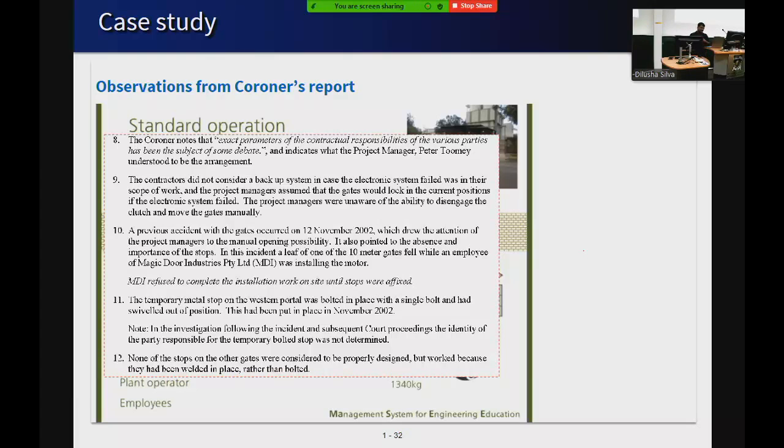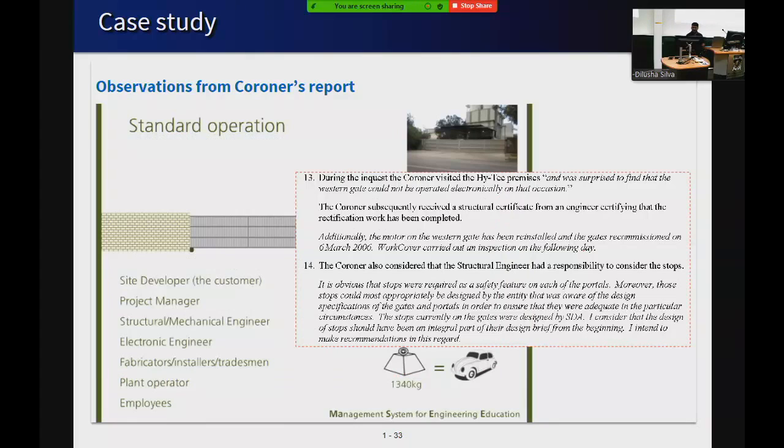None of the stops of the other gates were considered to be appropriately designed but worked because they had been welded in place rather than bolted. During the inquest, the coroner visited the premises and was surprised to find the Western Gate could not be operated electronically on that occasion. So the day the coroner turned up, it did not work.